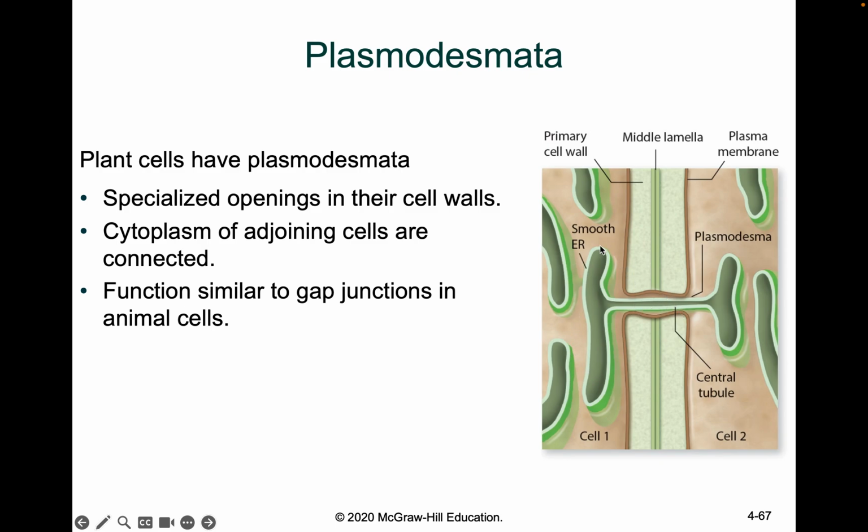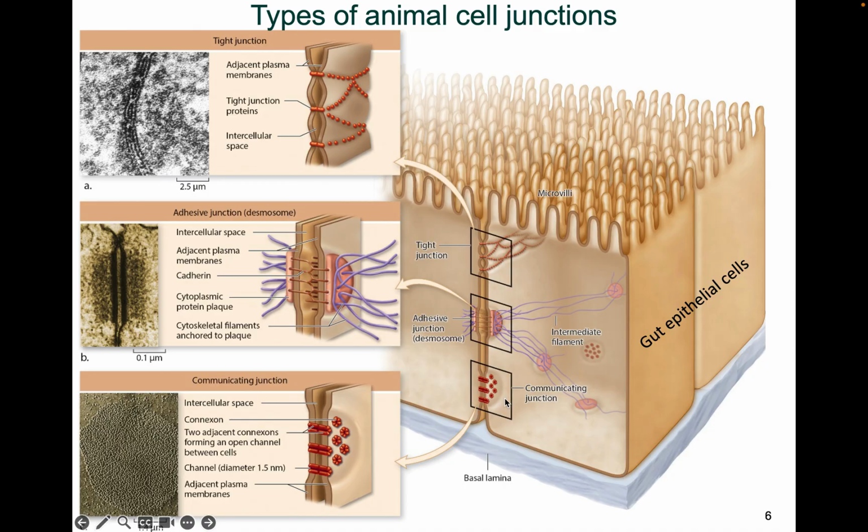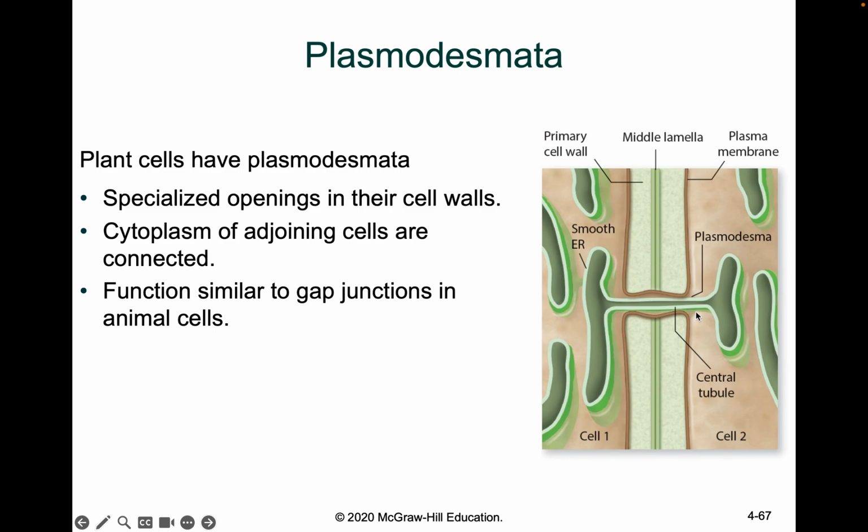For example, in this case, you have the smooth ER that goes through one cell to the other and creates this channel where things can pass from one cell to the other. So they're similar to gap junctions, but they're just the plant version of it. They're connecting the two cytoplasms from this cell to this cell. Same thing here. So it's just the plant version.